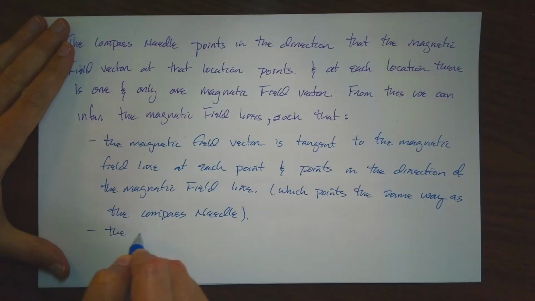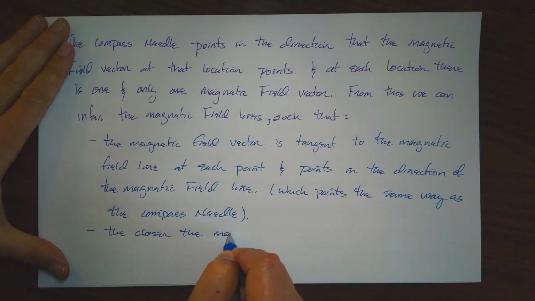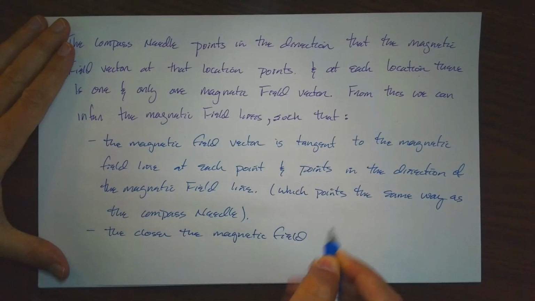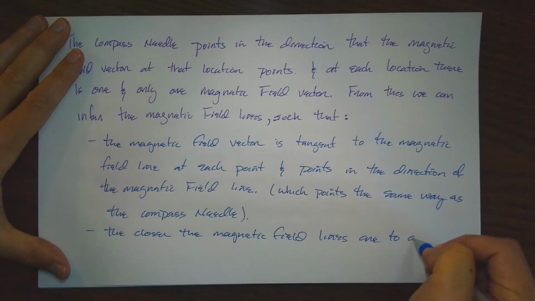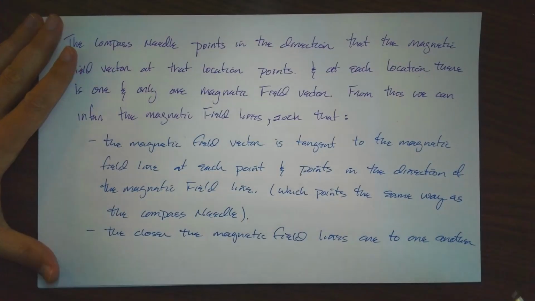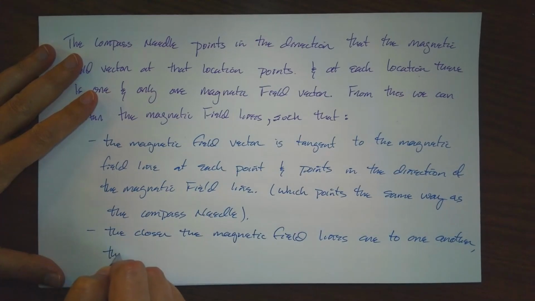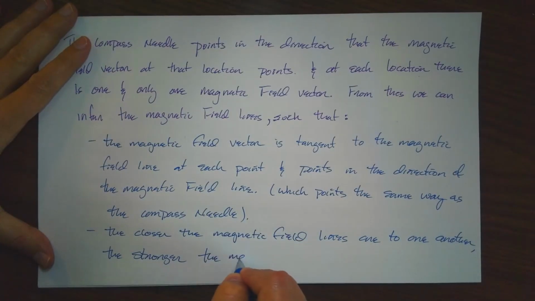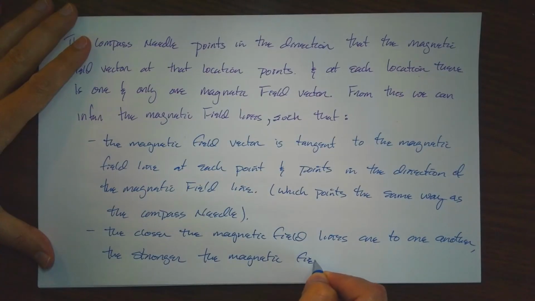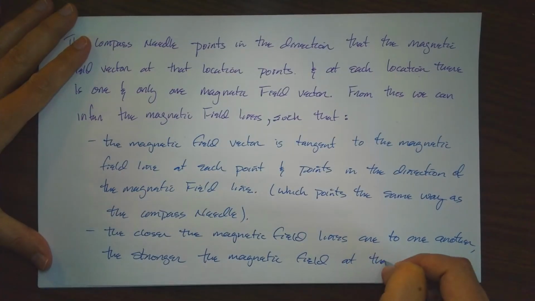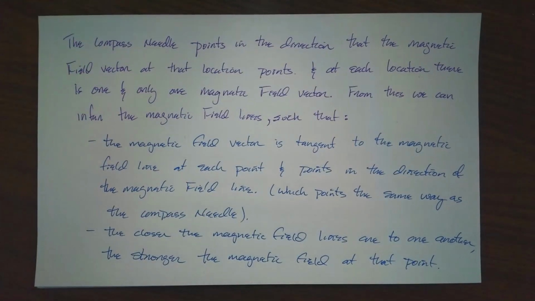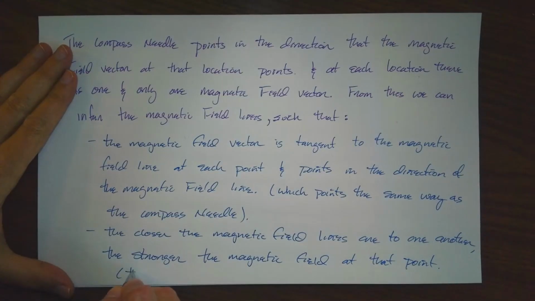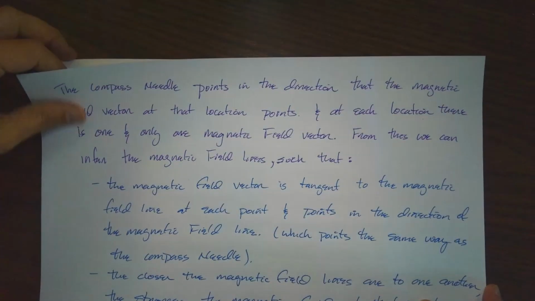And then what we had was that the closer the magnetic field lines are to one another, the stronger the magnetic field at that particular point, so the greater the magnitude. Okay, so again, the same as the electric field lines.